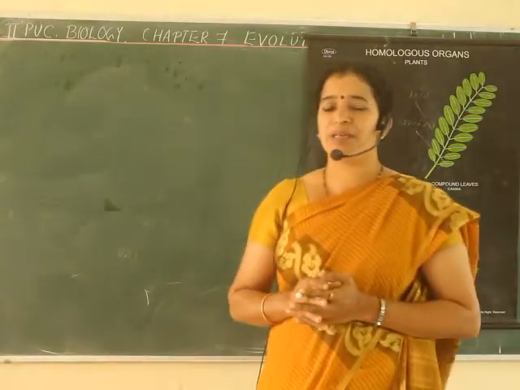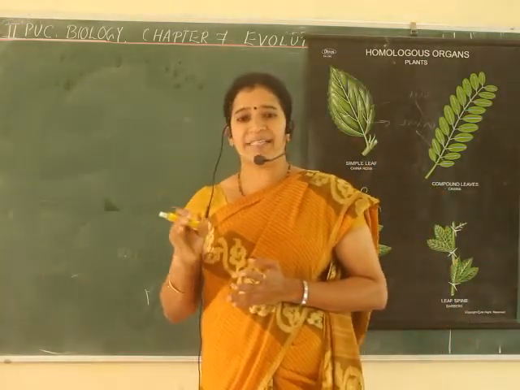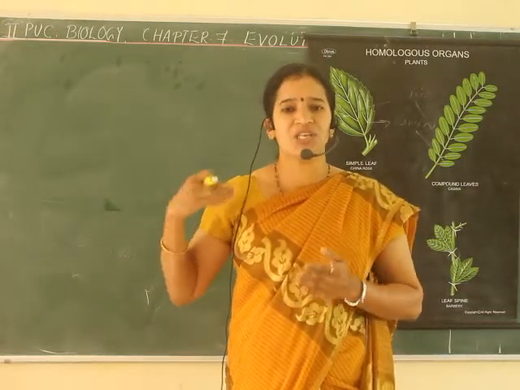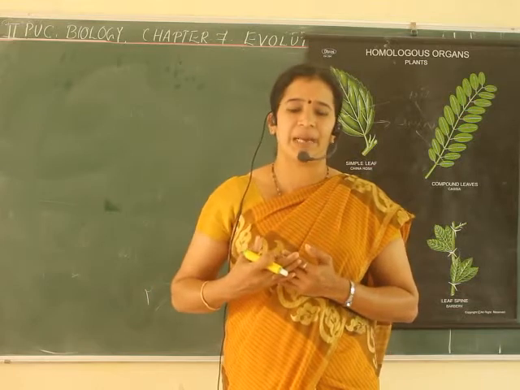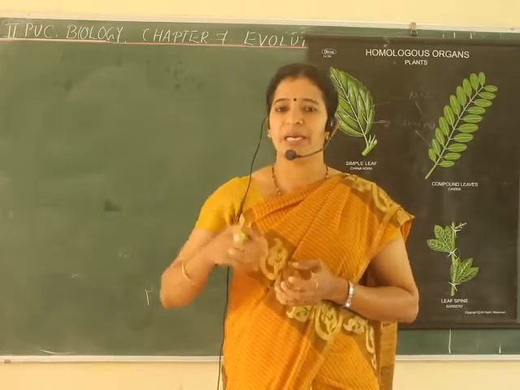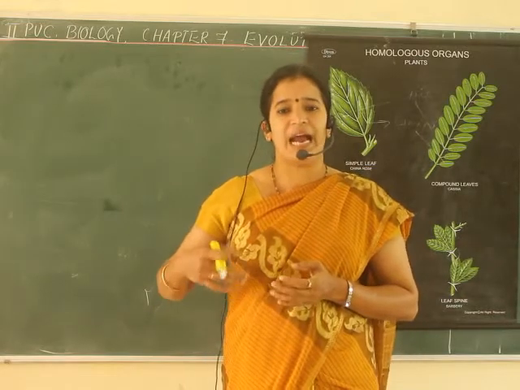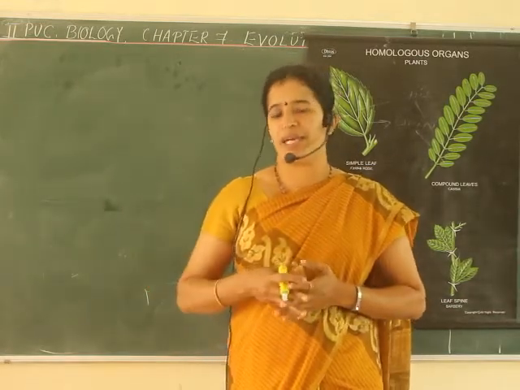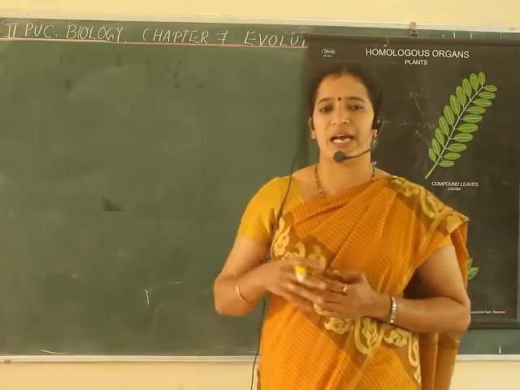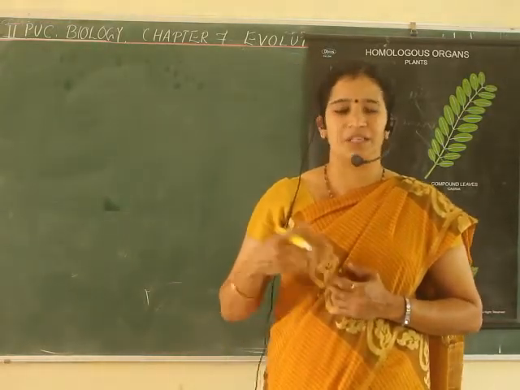Natural selection means the organism which can survive better in an environment, for example, how well it can cope with the changing climate and the changing environment. Those characteristics will be selected by nature and those organisms will survive more in the environment. Shortly, it is called the survival of the fittest.